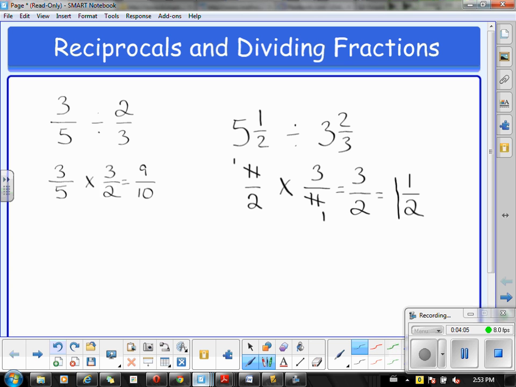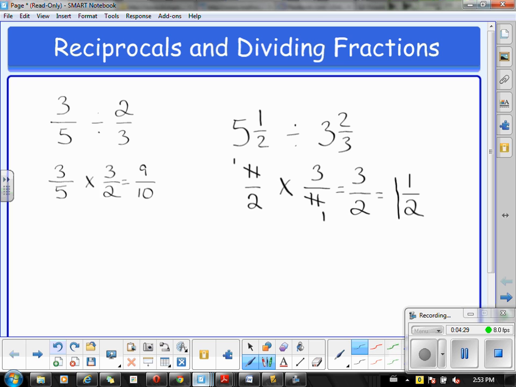Just to recap, if you're just dividing a fraction by a fraction, you rewrite the first fraction, change the divide to multiply, write the reciprocal of the second fraction, and just multiply numerator by numerator, denominator by denominator. If you have mixed numbers, you have to change the mixed numbers into improper fractions and then follow the same steps.